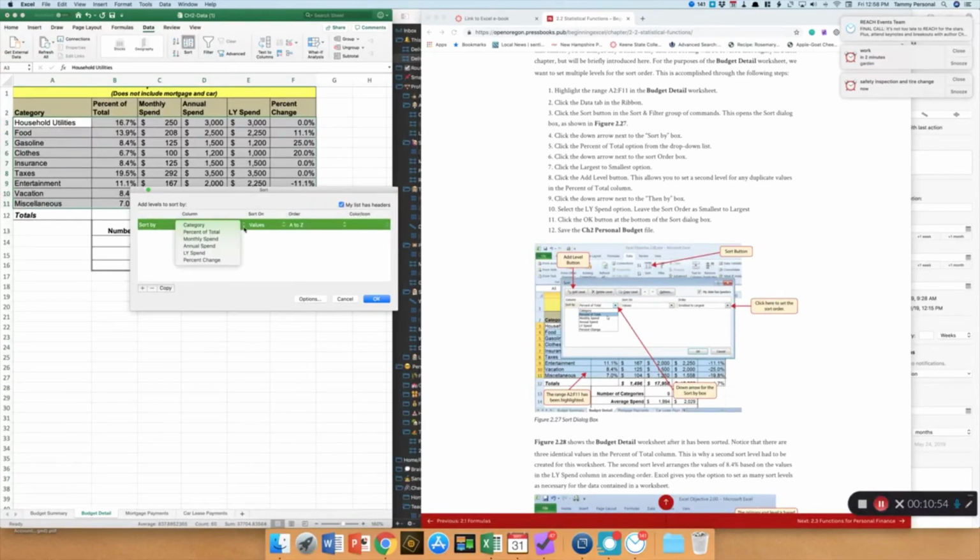When you indicate that your list has headers, it knows that these column headings are the headers, and so you can tell it to sort by percent of total, and smallest to largest, or how about we do it largest to smallest.